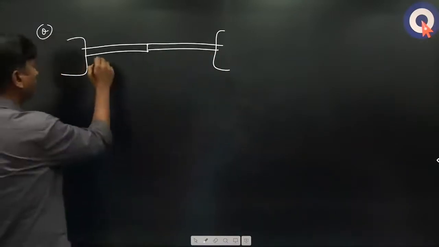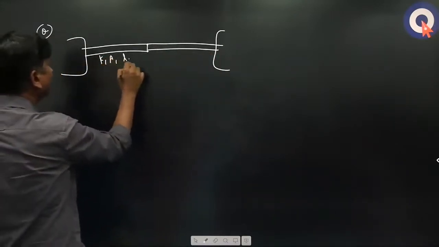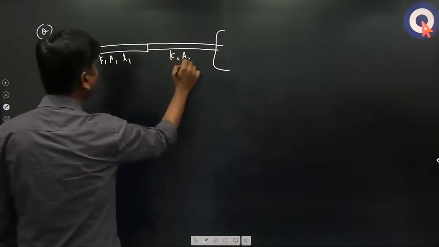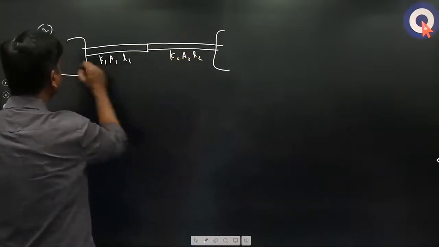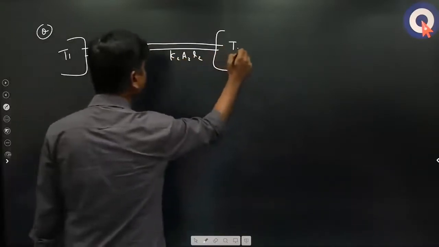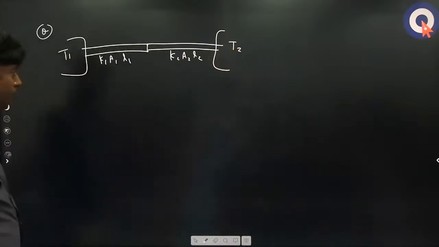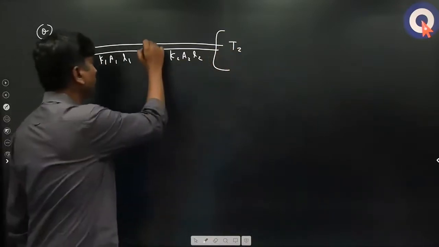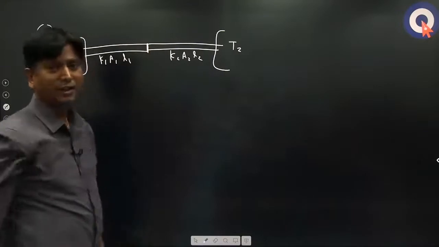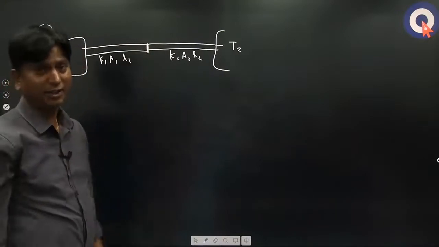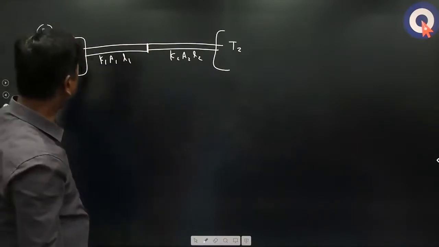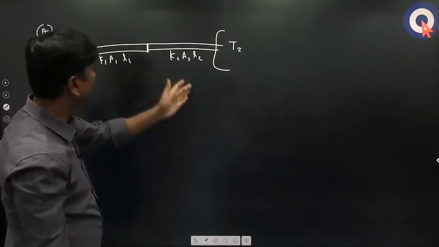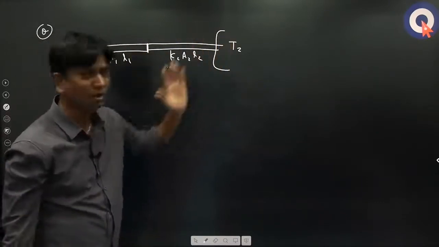Here some values K1, A1 and L1, here some values K2, A2 and L2, and here some temperature maintained, here some other temperature maintained. Always a possibility of asking the question, what is the temperature of this particular junction under steady state. Under steady state, the rate at which heat is transferred from here to here is the same as the rate at which heat is transferred from here to here.